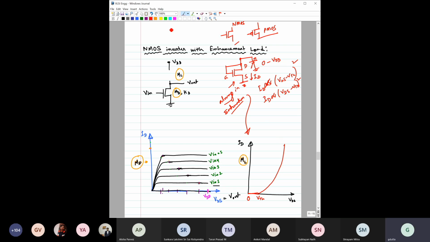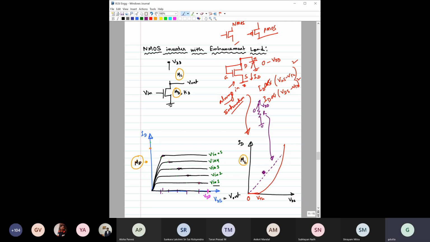Suppose now you want to plot the IV characteristics of this, with VDD varying from 0 to VDD and this is ground. If it is a resistance, it would be linear.